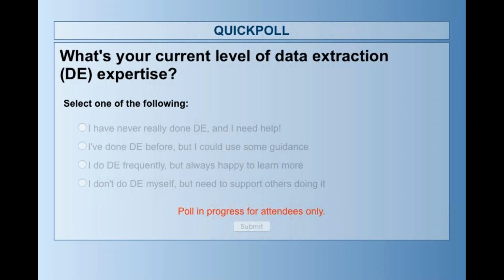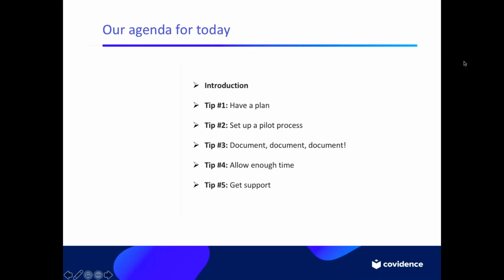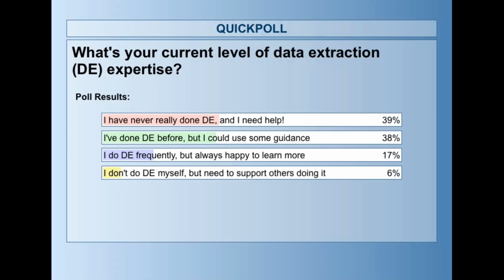So I am now going to go ahead and close the poll, and that should put the results up on screen. So we've got an interesting spread here. We've got lots of people in the top 2, so it looks like we've got probably the majority.